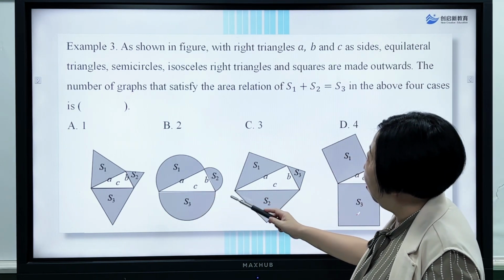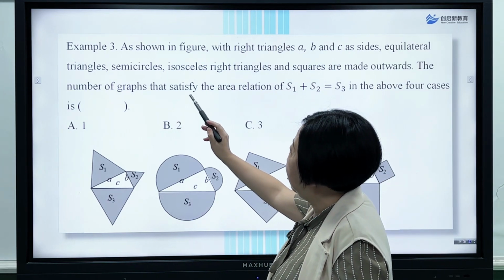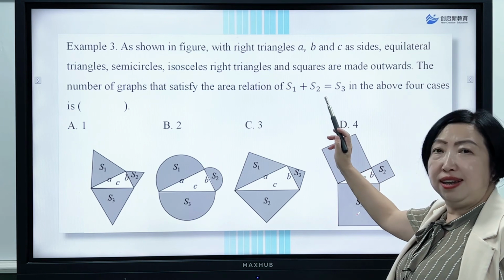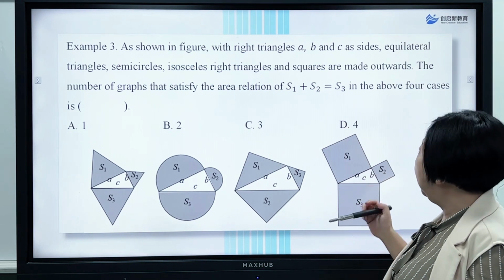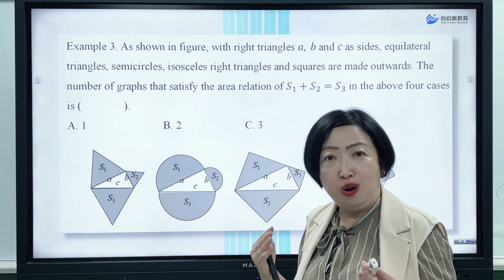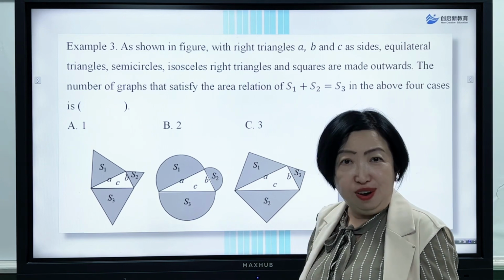For the 4 figures, the number of cases that satisfy the area relation S1 plus S2 equals S3 is how many? 1, 2, 3, or 4?